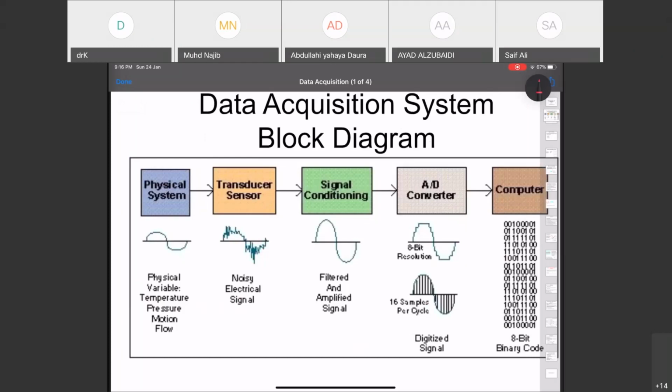You still have the sensors part over here, the signal conditioner, the A2D, and the computer part. Of course, as I mentioned previously, from here onward these are all analog, and from here onward these are digital.